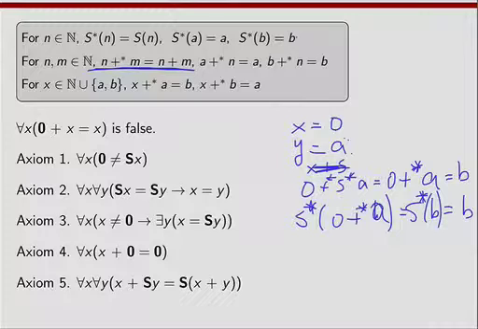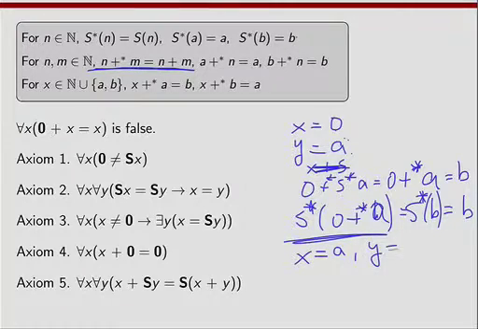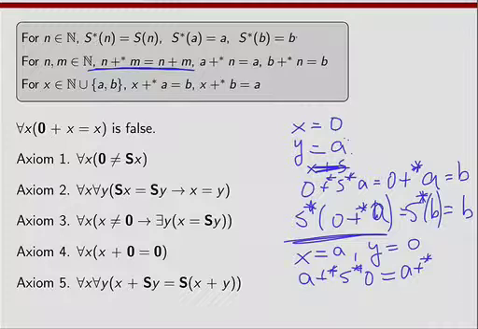So let's reverse it. What happens if x is now equal to a, but y is equal to some natural number, say 0? Again, we're going to have a plus star successor star of 0. That's going to be a plus star of 1, which is going to be equal to a, because if you have a on the left-hand side, this is just equal to a.